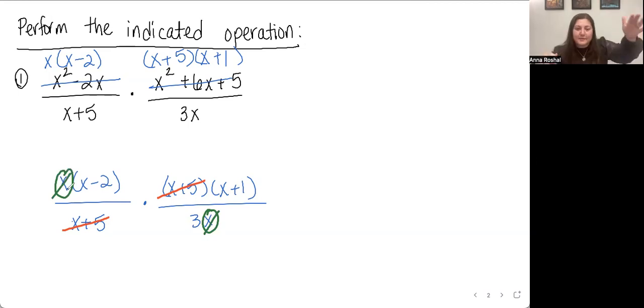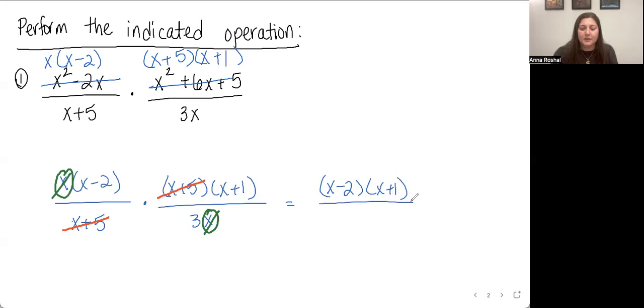Because they're the same exact terms, I can simplify them, I can eliminate them. And so what happens is I'm left with x minus 2 and x plus 1 in the numerator and 3 in the denominator. This is my fully simplified version of this problem. So I'm done.